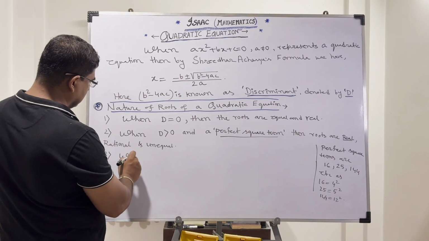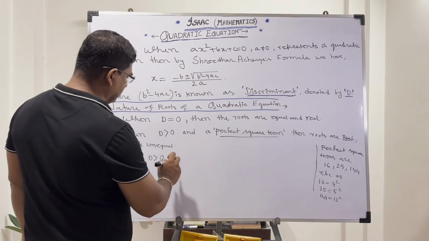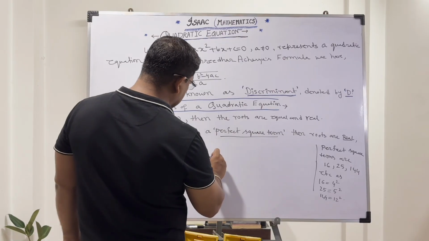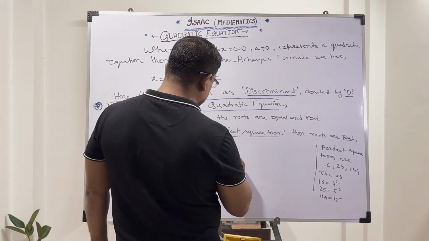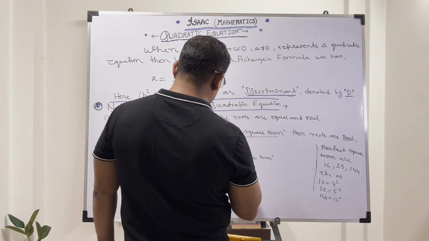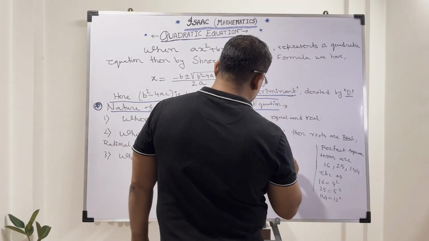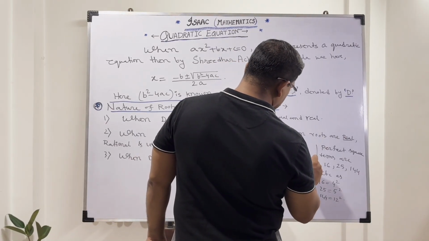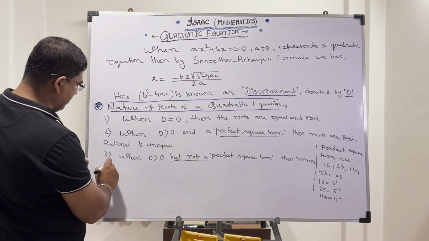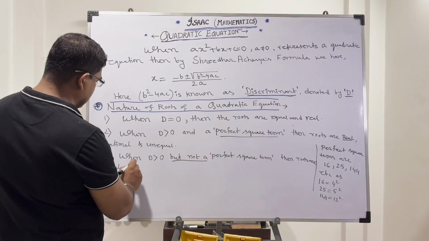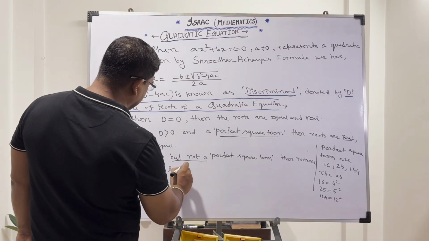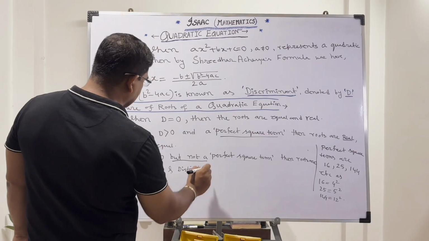Number 3, when d is greater than 0 but not a perfect square term, then roots are real, irrational and distinct, that is unequal.